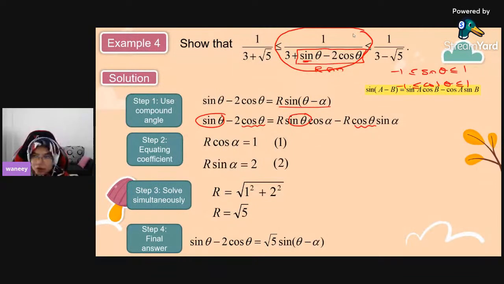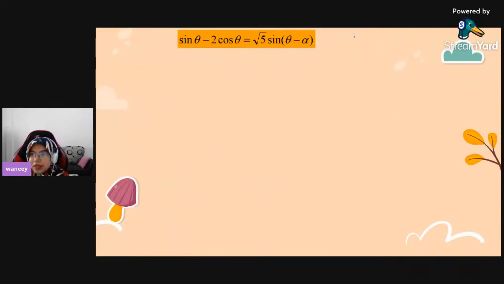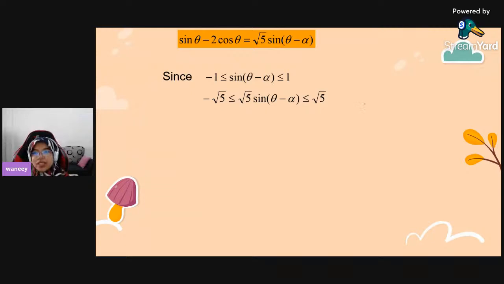Okay, let's see how we can do that. Since sine of theta minus alpha is between negative 1 and 1, that is the basic thing, sine is between negative 1 and 1. If we want to get square root of 5 sine of theta minus alpha, everything needs to be multiplied by square root of 5.